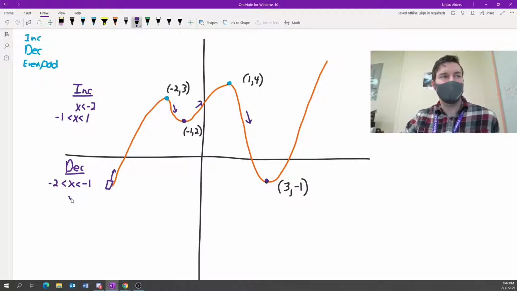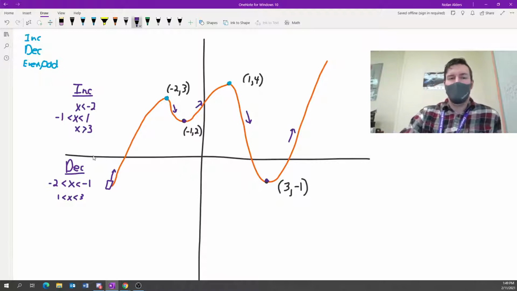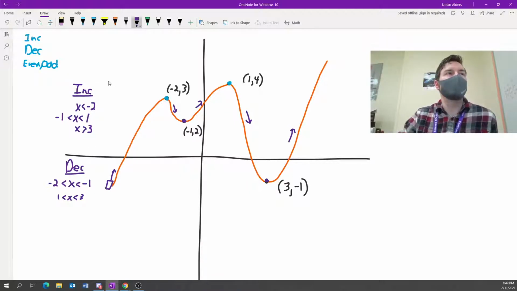So we could say x in between 1 and 3, we're decreasing. And then finally, we're increasing here at the end. So we can say that for x greater than 3, we're going to be increasing. That's how we identify where we're increasing and where we're decreasing.